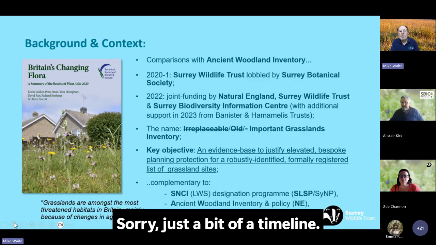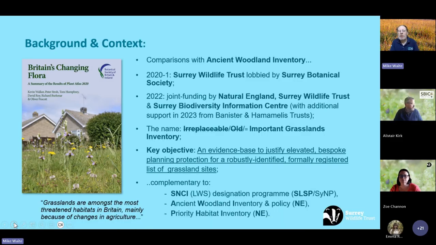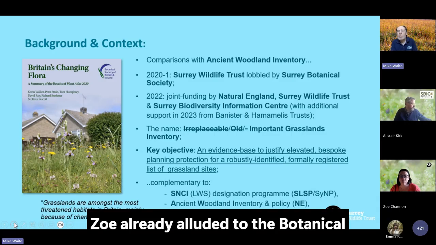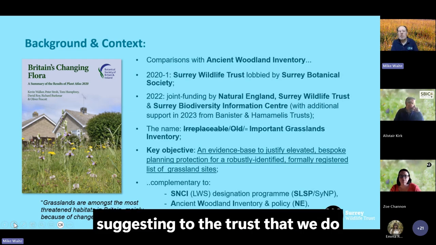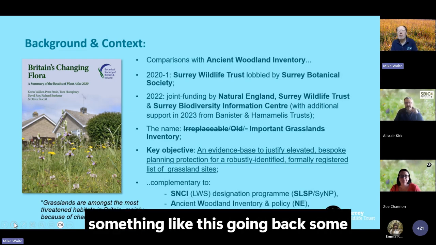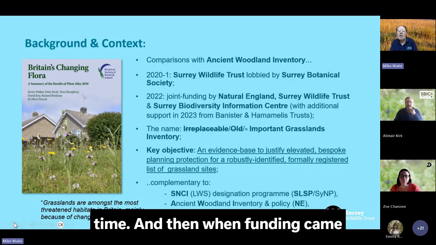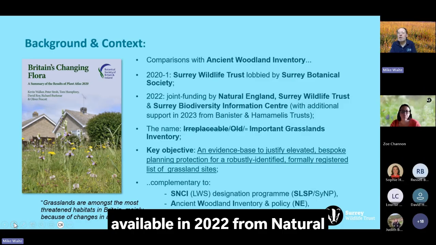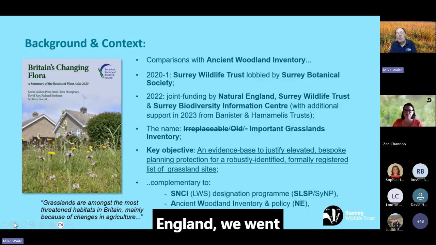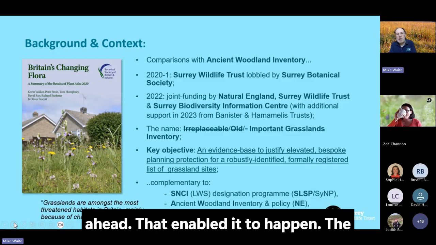Surrey, just a bit of a timeline. Zoe already alluded to the Botanical Society, Surrey Botanical Society, suggesting to the Trust that we do something like this, going back some time. And then when funding came available in 2022 from Natural England, we went ahead. That enabled it to happen.